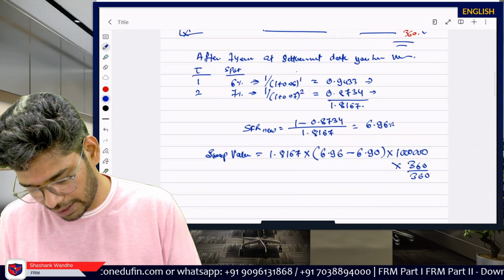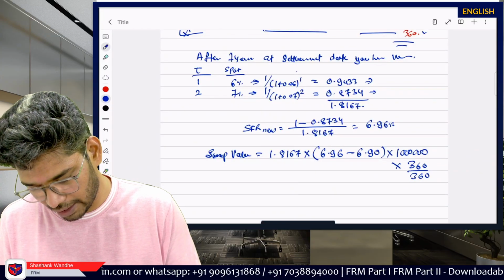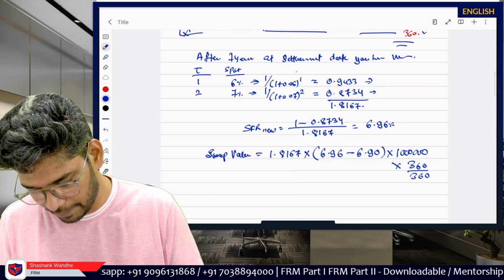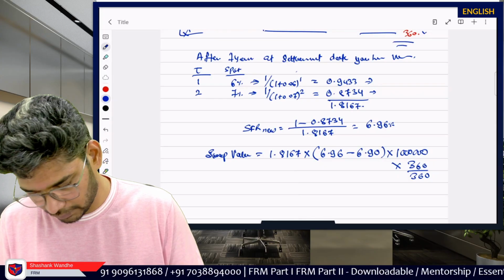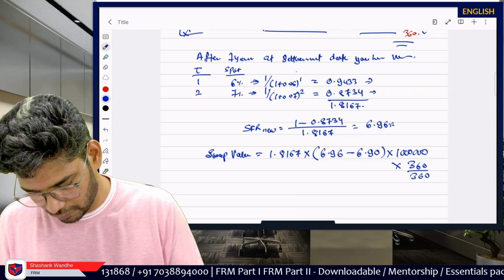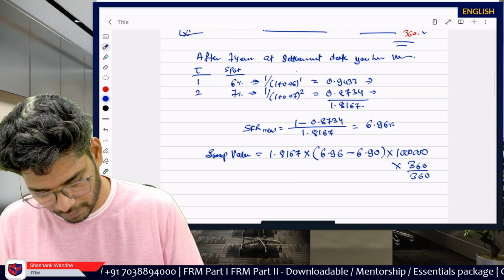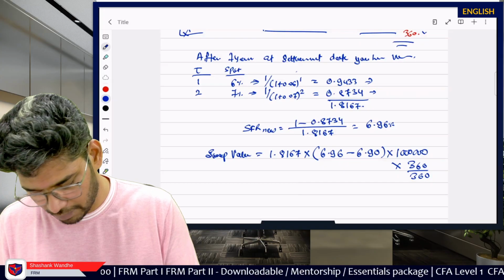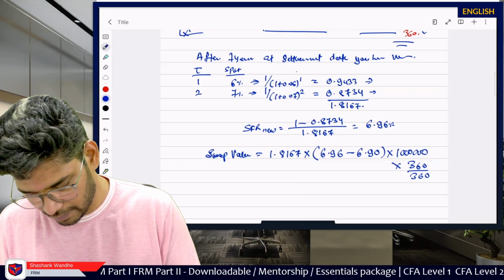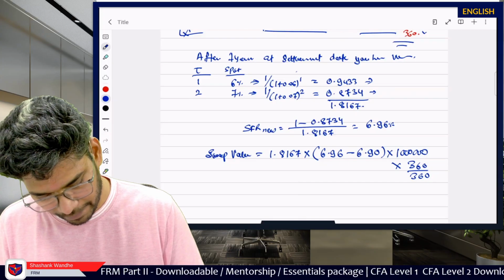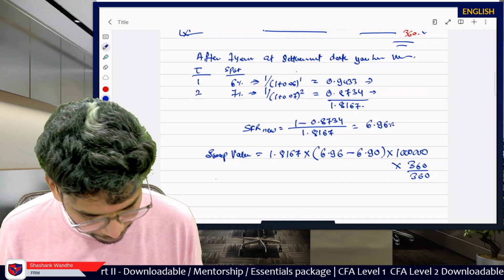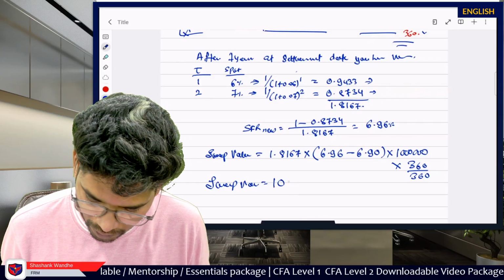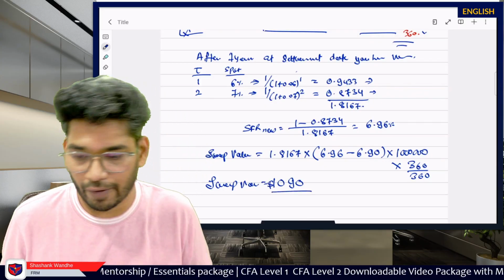Now 6.96 minus 6.90 is 0.06%, multiplied by 1 million, multiplied by 1.8167. So your value of swap is $1090. So this is the value.